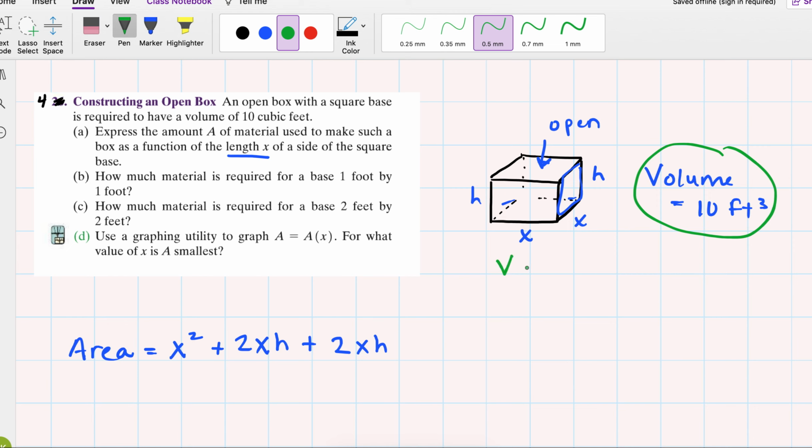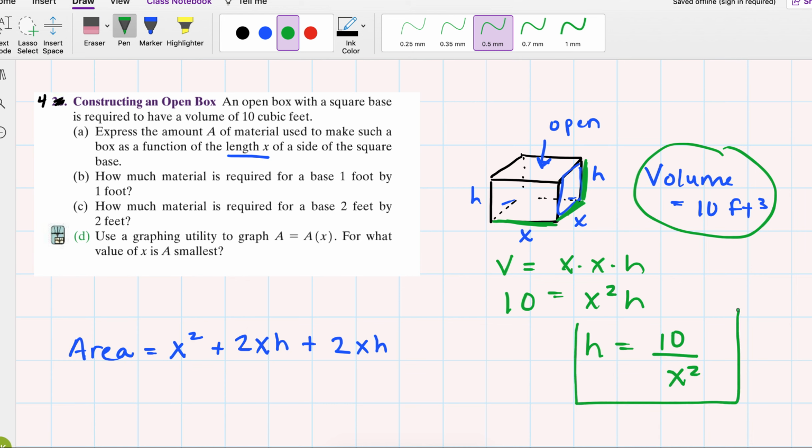What is the volume formula for a box? Well, the volume is equal to the length times the width times the height. So it's going to be x times x times h, which is x squared times h. And we know that this volume is equal to 10. Well, we can solve for h just by dividing by x squared. So h is equal to 10 over x squared.